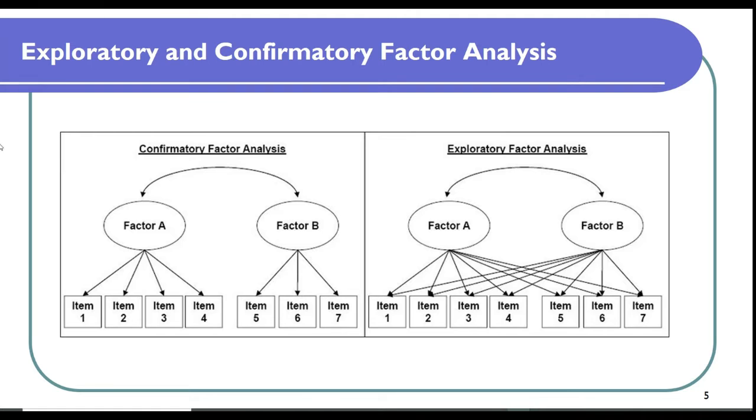As you can see on this screen, factor A is associated with item 1, item 2, 3, and 4. And also factor B has three items in order to measure factor B. This all comes from literature review, or maybe they are based on some theories.